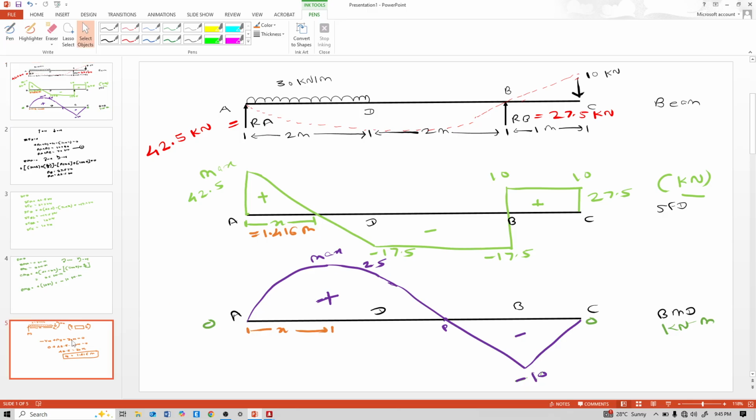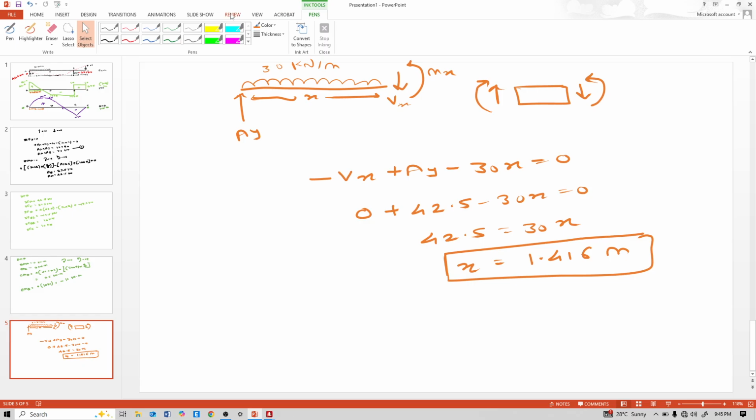So let's calculate bending moment. This is anti-clockwise, that's why it is minus Mx. Minus Mx is anti-clockwise, that's why minus Mx. Ay is clockwise to that point. Let's consider this as O point, clockwise to that O point.